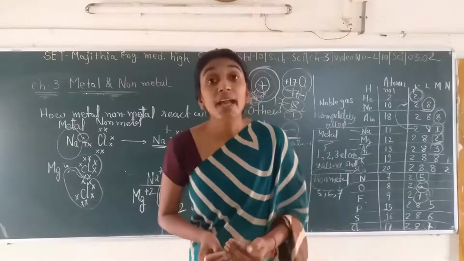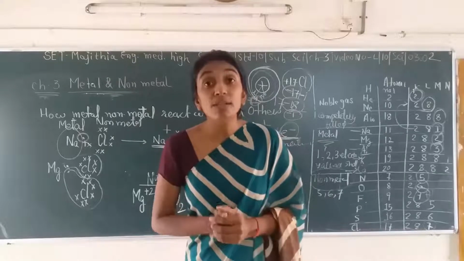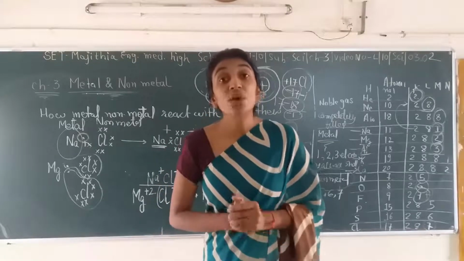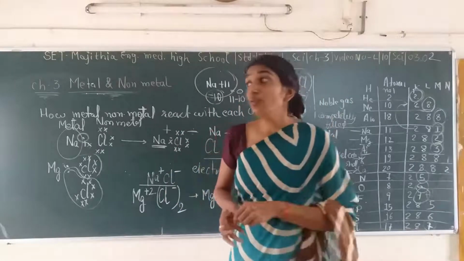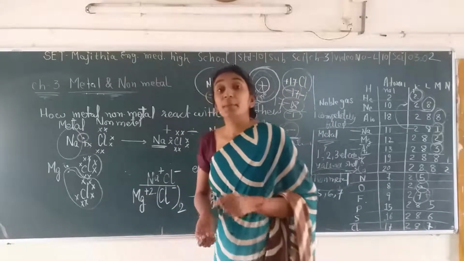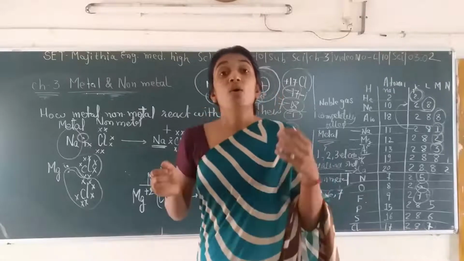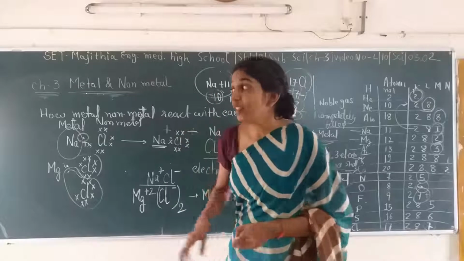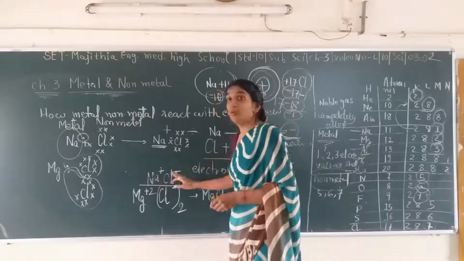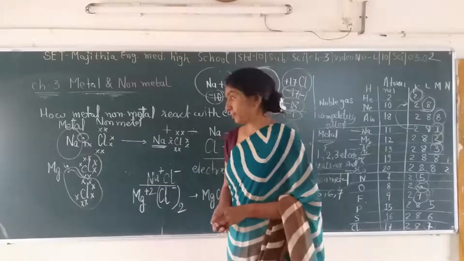These kinds of compounds are also called electrovalent compounds. There is no such bonding here, but we can say there is a very strong force of attraction between the aggregation of opposite charges.